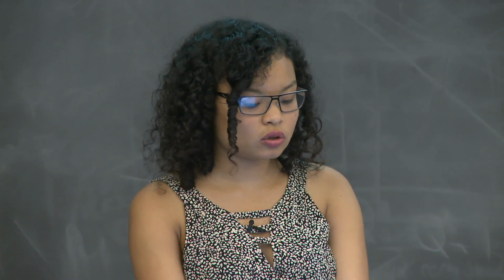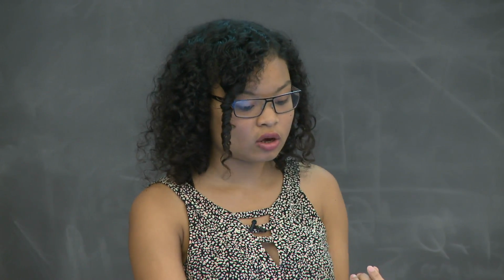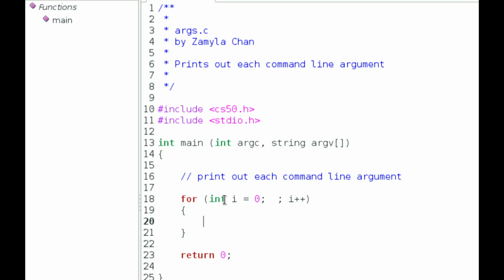So if we want to iterate over each element in argv, each time we want to access the variable in argv at the given index, which can be represented with this. This represents the particular string at that given index, because it's a string array. So what we want to do is print it out. Let's say printf, and since argv[i] is a string, we want to put that placeholder there, and a new line just to make it look good.